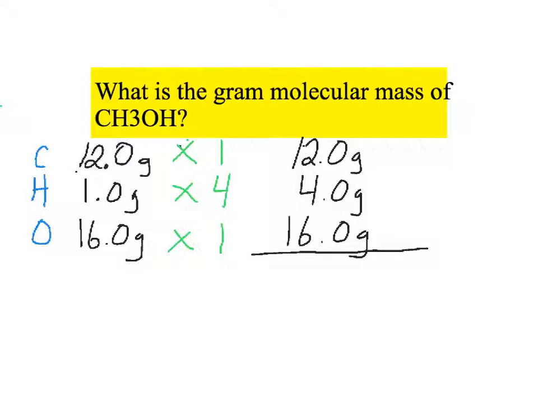Adding all of those values together, I will get 32.0 grams. And again, this is grams for every 1 mole. All of these values come from having just 1 mole, which is 6.02 times 10 to the 23rd molecules of this compound. So it's grams per mole.